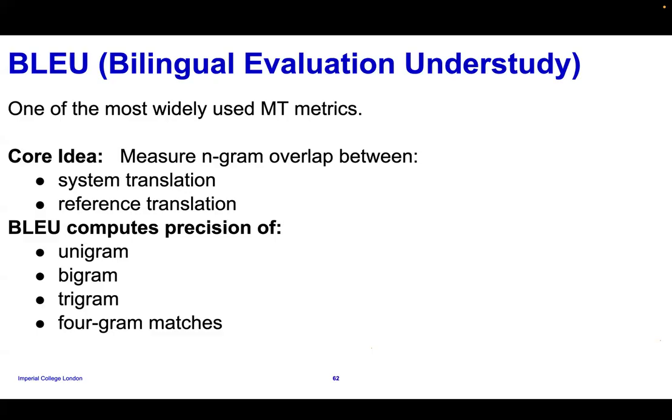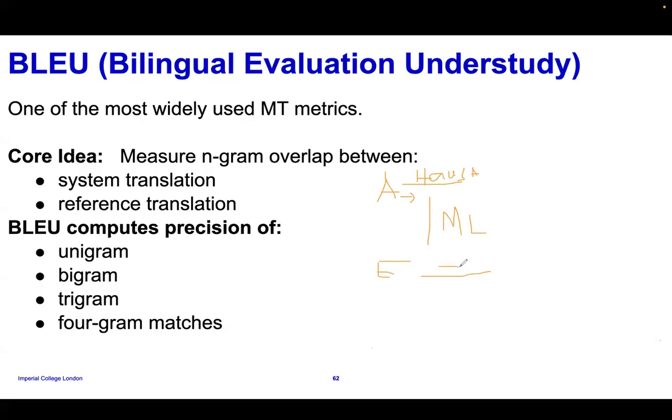Do you know what system translation and reference translation are? Let's assume that this is the original sentence in Hausa. And then I use a machine learning system to translate to English.